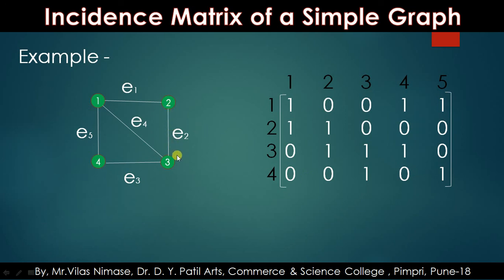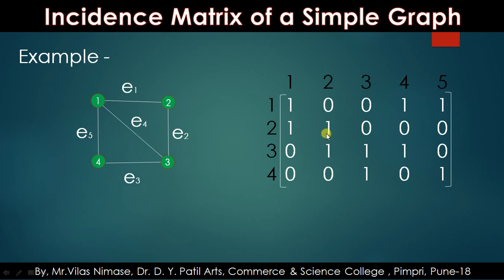Therefore, in incidence matrix of this graph, the entry at second row and second column and entry at third row and second column both are 1 and all other entries in second column are 0.